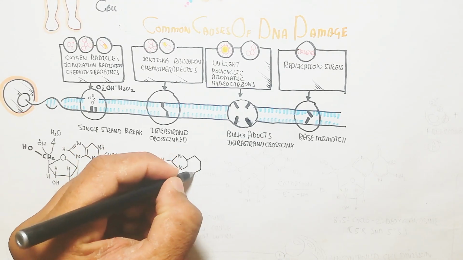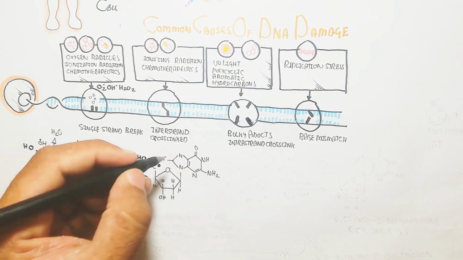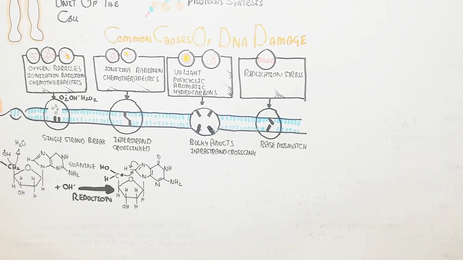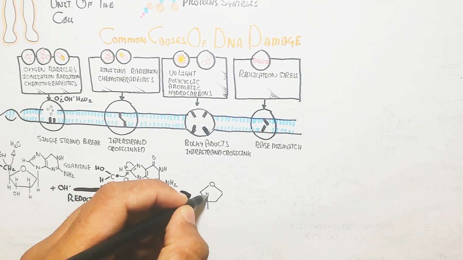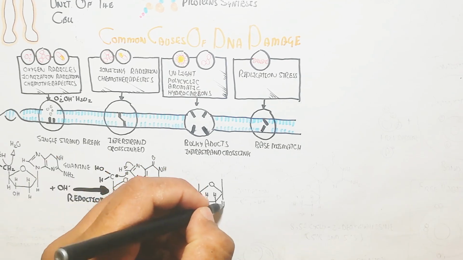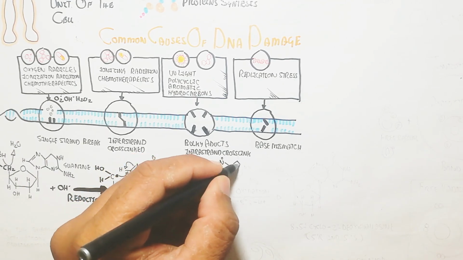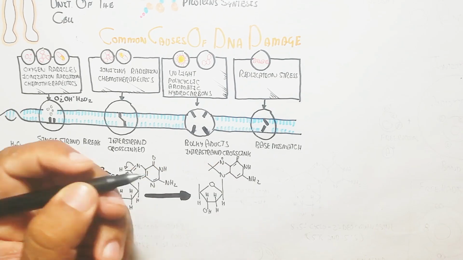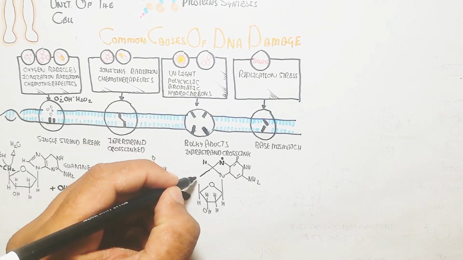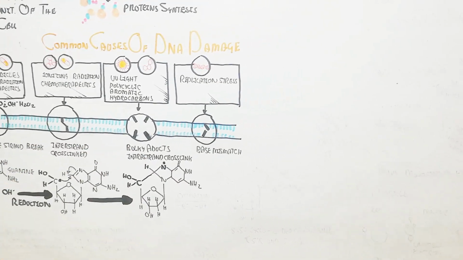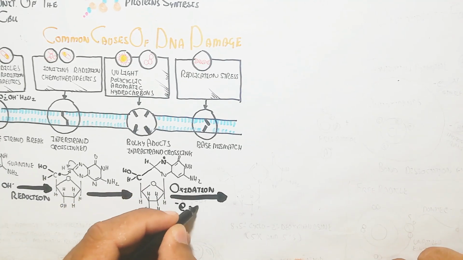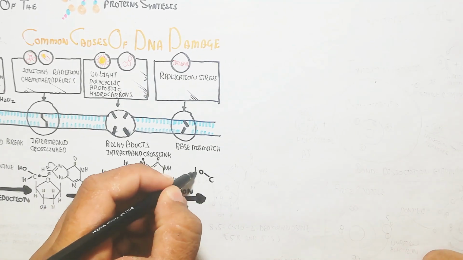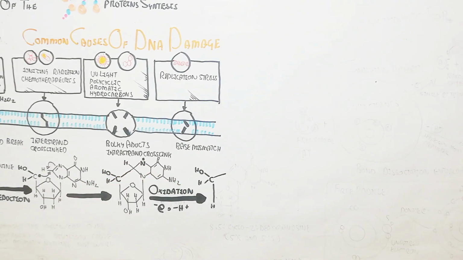This free radical binds with the nitrogenous base, and a carbon-to-carbon linkage will occur for the further oxidation. This is the reduction leading to oxidation, and here the nitrogen will lead to a free radical. The electron and proton will again bind, leading to damage of the DNA structure.